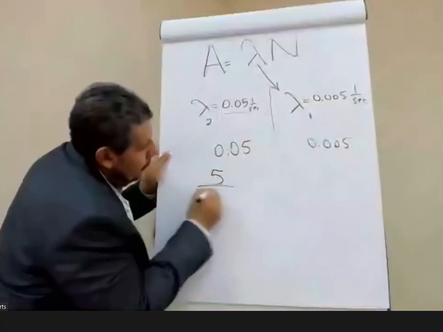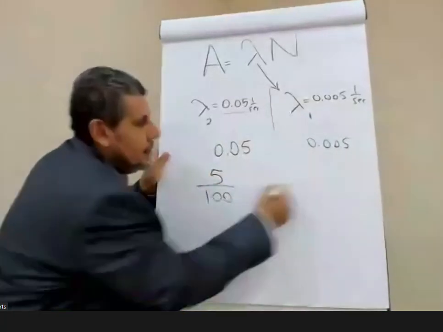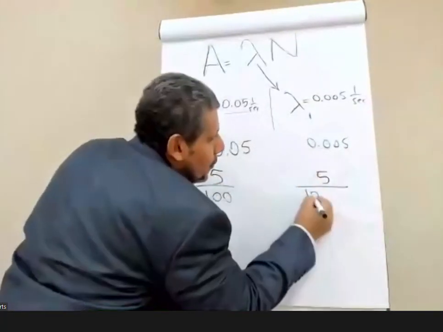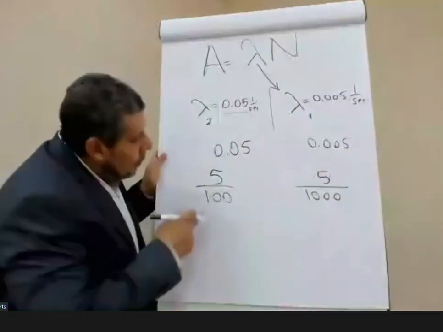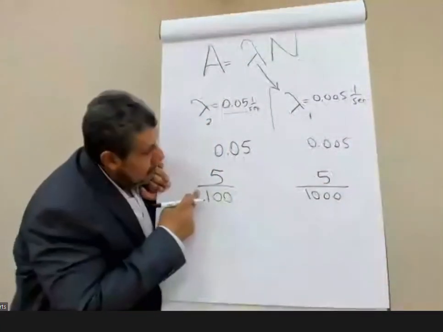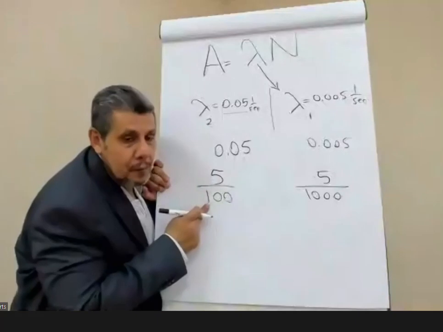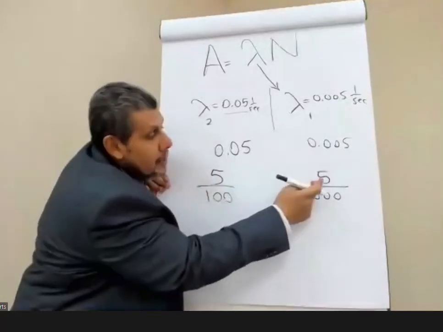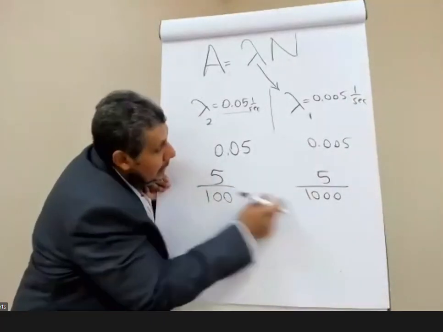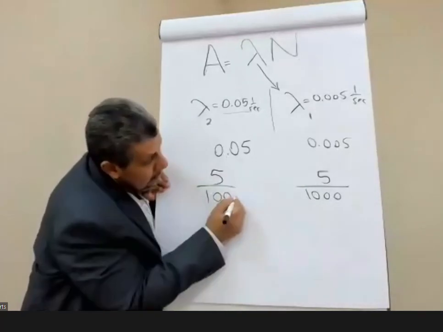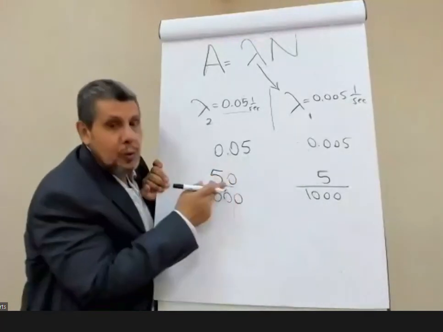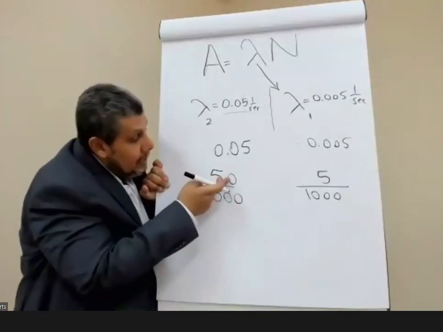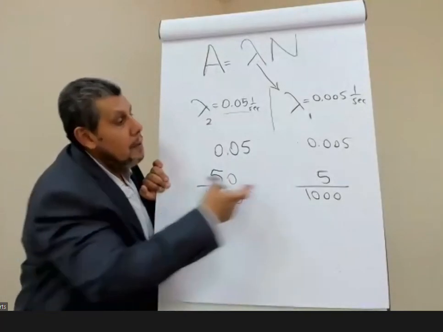This is 5 over 100. This is 5 over 1,000. Now, the first one, 5 will decay from 100. This is 5 will decay from 1,000. If I put here 1,000 like this, I will add here 0 also. So 50 will decay from 1,000 there.